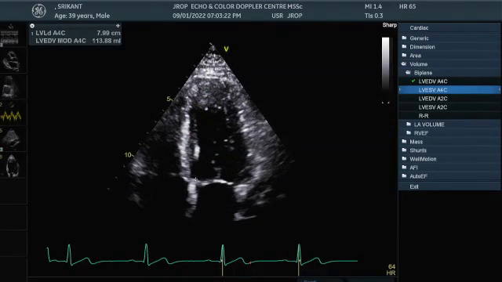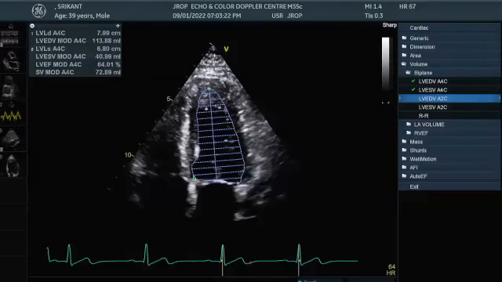Again I'll start measuring from the medial annulus along the margins. 64% in the modified four chamber. Correct? Yes, sir.